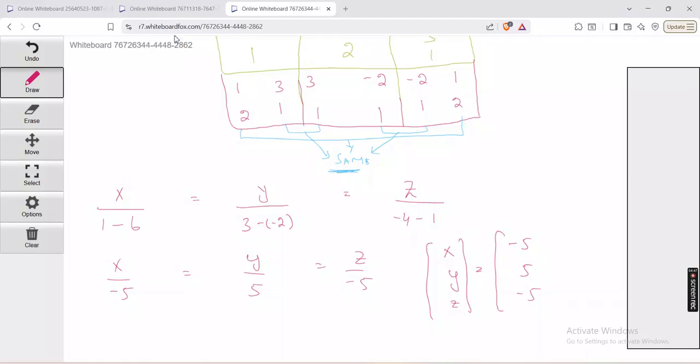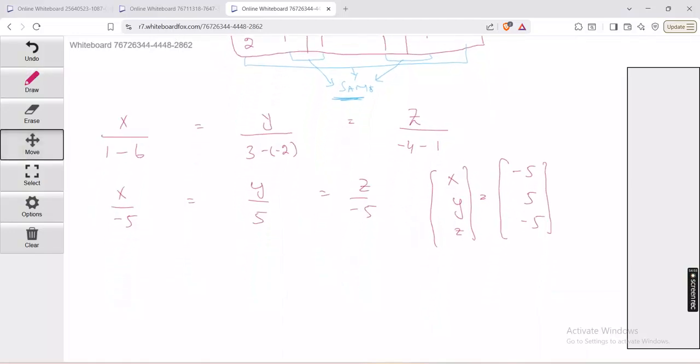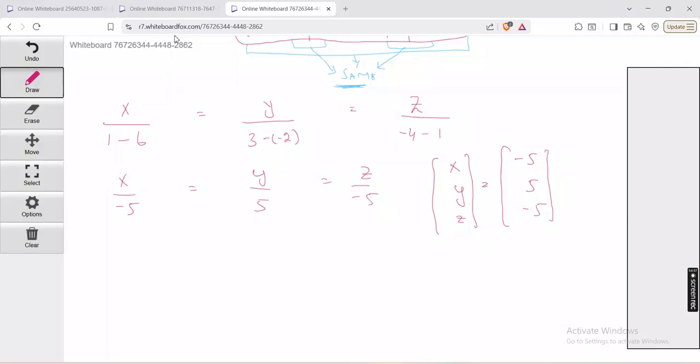Now, what can we do with it? We can take out 5 common, or we multiply with 5. So minus 5, 5, minus 5 will become what?